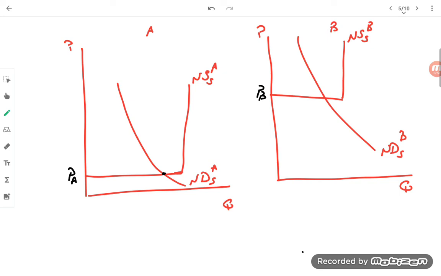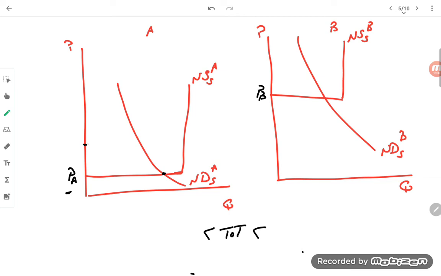After specialization, from these figures, we can realize that country A has an advantage in the production of soybeans, as the price in country A is lower than the price in country B. So country A will specialize in the production of soybeans, and country B will not; actually, it's going to specialize in the production of textile. So we have a new higher price level, and as we said before, the TOT is greater than the autarky price in country A, the exporting country, and less than the autarky price in the importing country.